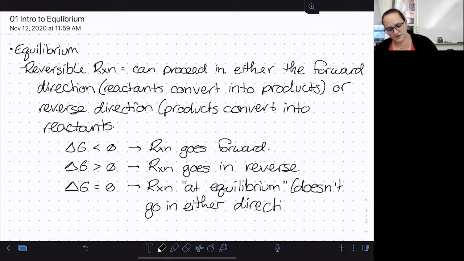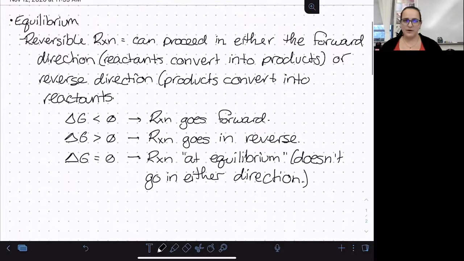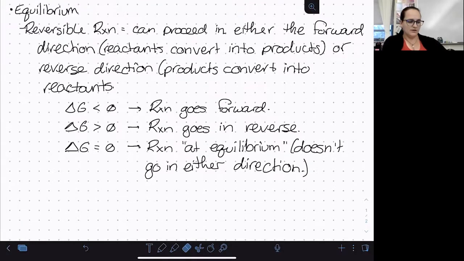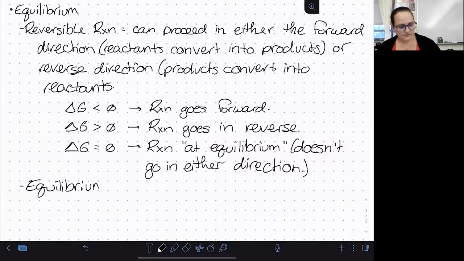So we're going to be delving a lot deeper into this idea of equilibrium and what it means for something to be at equilibrium that we had mentioned when we were talking about Gibbs free energy in our thermodynamics unit. So the state of equilibrium is the most stable state for our system.